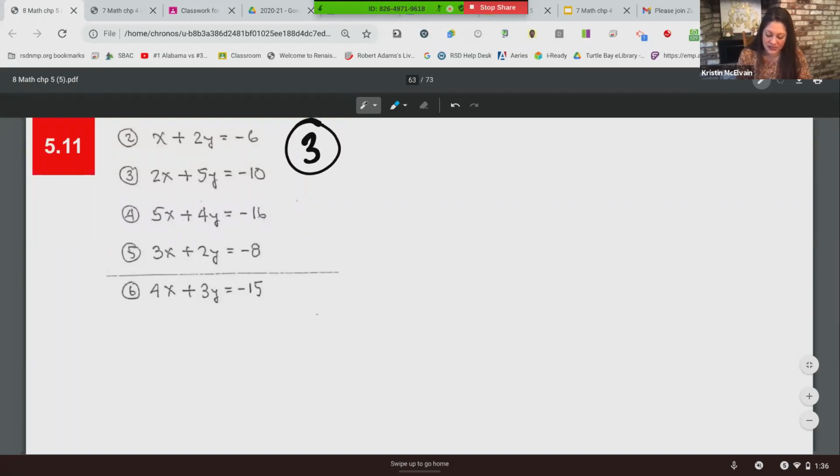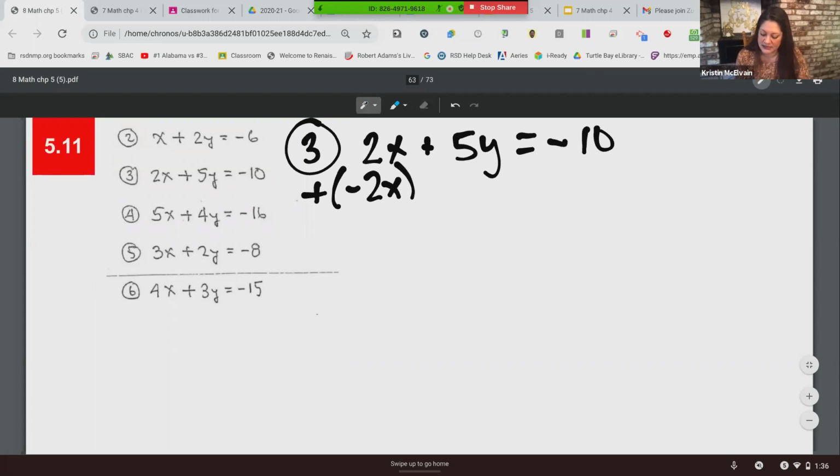Okay, so first we need to put it into slope-intercept form. 2x plus 5y equals -10. Okay. Add -2x to both sides.